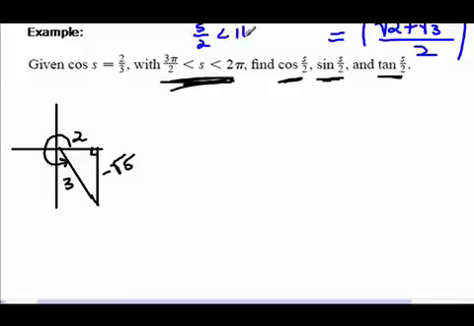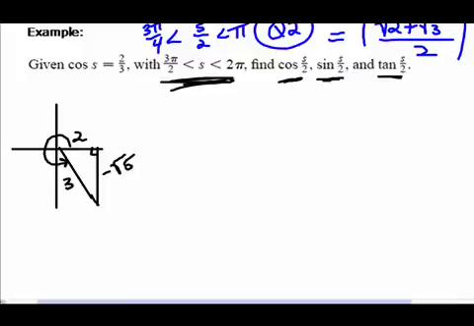Gives me a pi out here. And 3 pi over 2 times 1/2 would be 3 pi over 4. So if S is in quadrant 4, S over 2 is in which quadrant? What do you think that quadrant would be? You're less than pi, more than 3 pi over 4, you're in quadrant 2. That's the quadrant that S over 2 is in, which tells you which one you want to pick in terms of plus or minus.